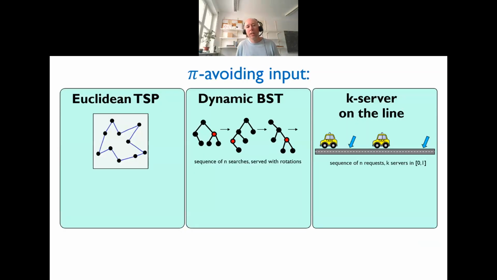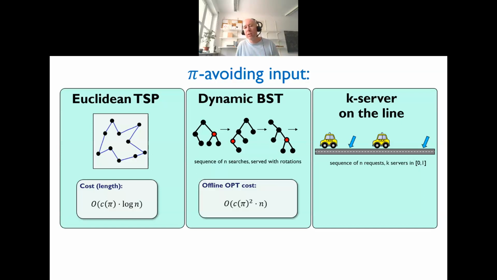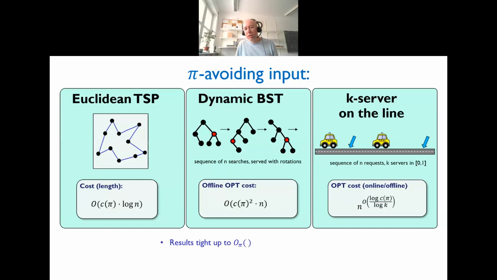Okay, to summarize, so for Euclidean TSP, we show the total cost to be this Füredi-Hajnal constant times log n. For binary search trees, the cost is n times the square of this constant. For k-server, it's a more complicated expression, but in some regime where k is larger than this constant, we get sublinear cost.